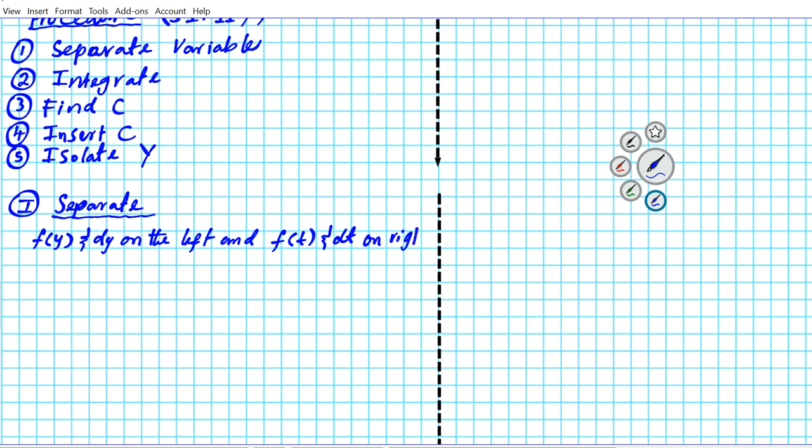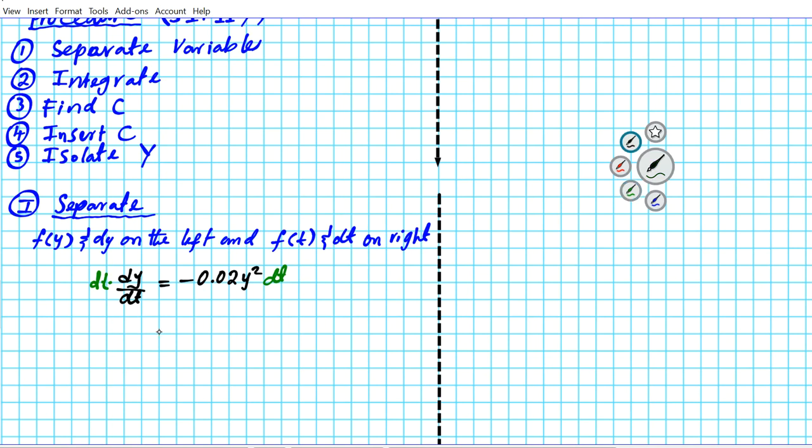All right, so you always put the dependent variable and its differential on the left, and the independent variable and its differential on the right side. So we have the differential equation dy dt equals negative 0.02 y squared. So we need this dt, this differential here, to the right side. So we'll multiply both sides by dt.